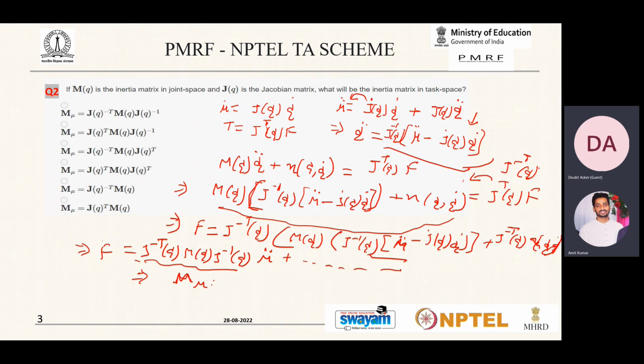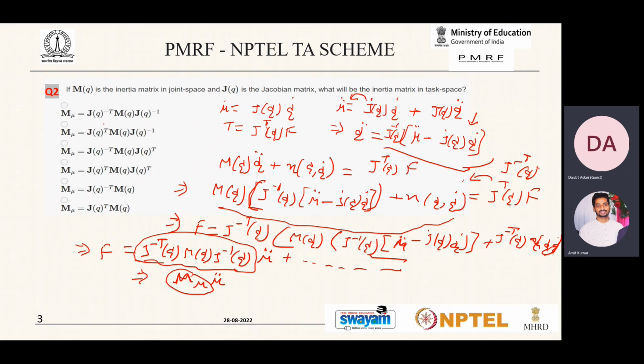This is nothing but mu double dot. So this is the inertia matrix in task space. So what is that? J inverse J minus T Q, M Q, and J inverse Q. This is the matrix which we are looking for, which is nothing but M of mu. So here M of mu is J minus T, mu M Q, and J inverse Q.